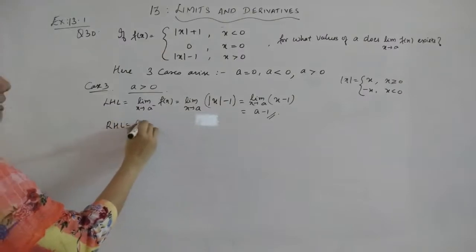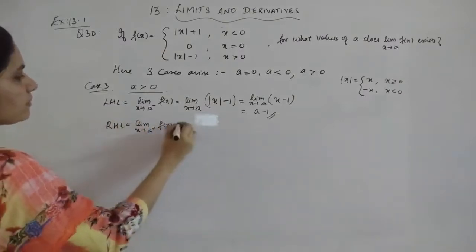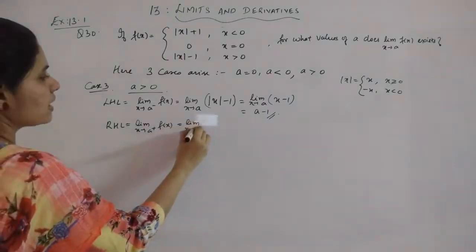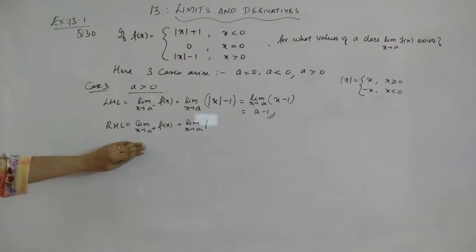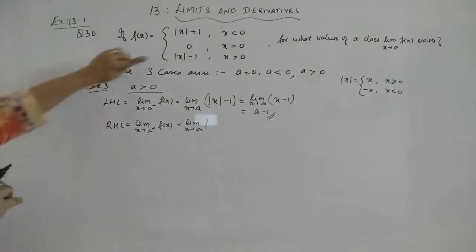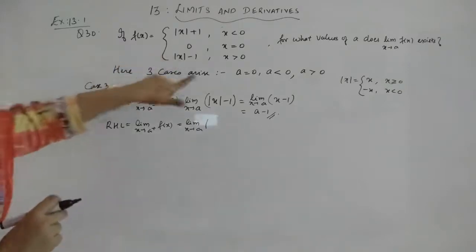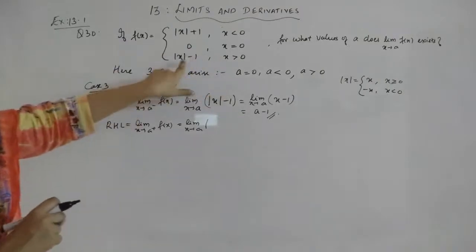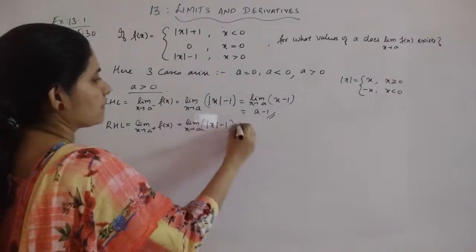Now what happened to right hand limit is limit x tends to a plus f of x is equal to limit x tends to a. Again the meaning of this is also, it is a value which is a positive quantity, and both the left side and right side of the positive numbers are greater than 0. So the function value is not changing, you are getting mod x minus 1 only here.